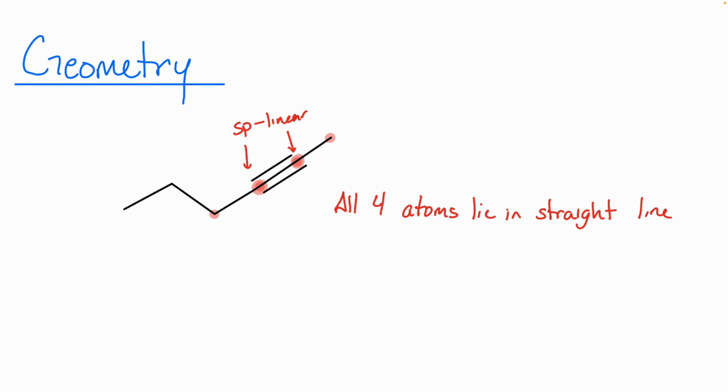All right, we talked about how the geometry led us to conclude that those alkenes were more reactive, right? That pair of electrons was really easily accessible because of that trigonal planar geometry. Same thing with our alkynes.